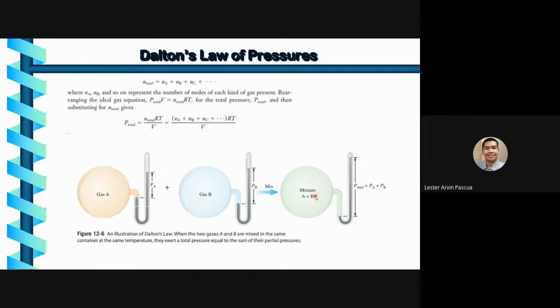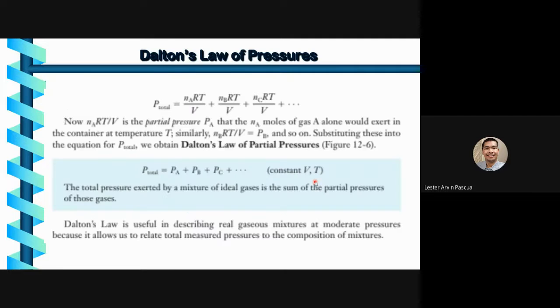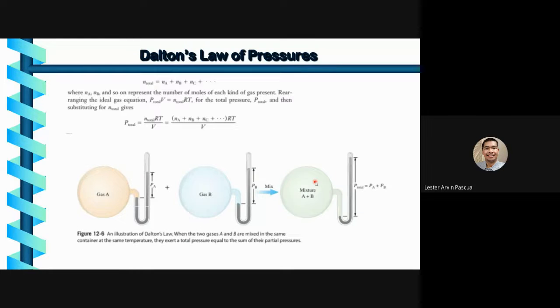So essentially, kung meron kang mixture ng dalawang gases or more. Okay. So yun lang naman sinasabi ng slide na to, na pwede mo makuha yung P total using this relationship.